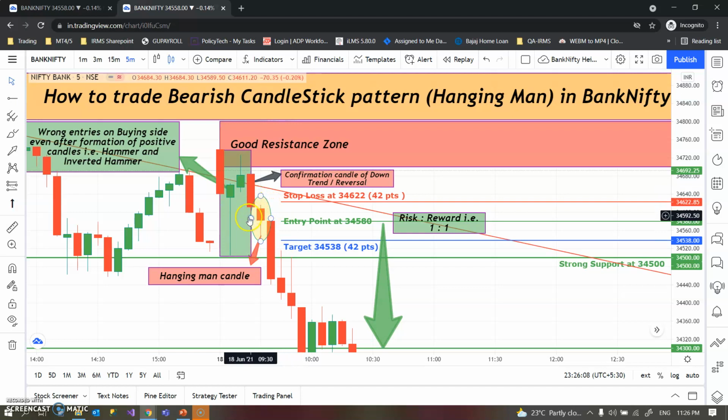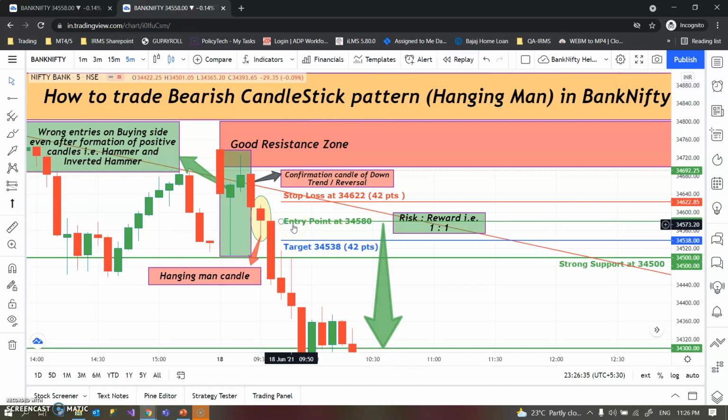In the next candle we can see clearly the formation of a hanging man candle. So how to take a trade based on formation of a hanging man candle? I have marked this at the completion of the candle. After completing the candle, we should enter at this particular point, that is one point below, 34580.